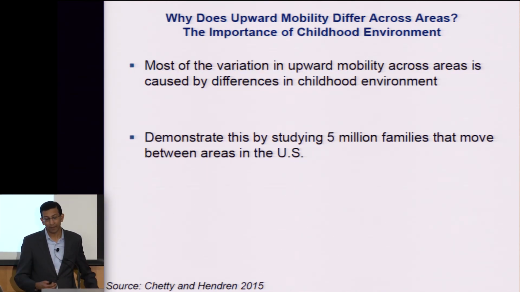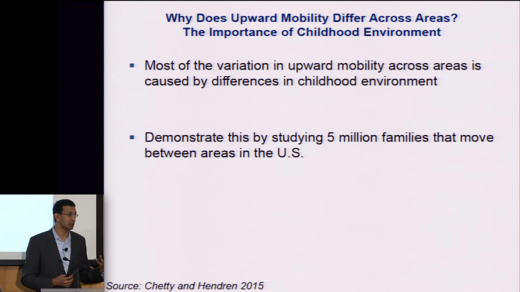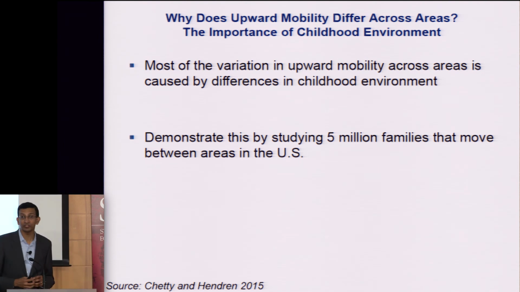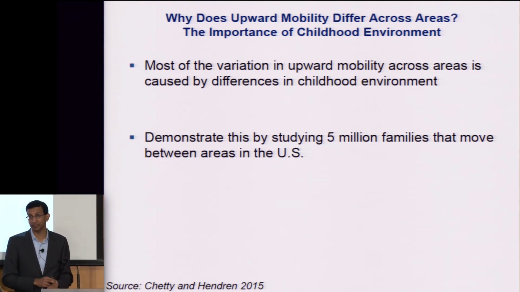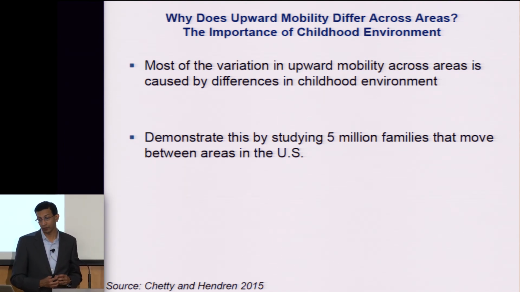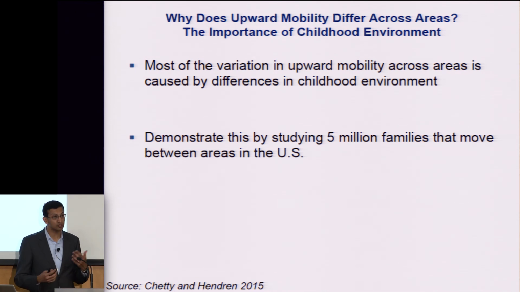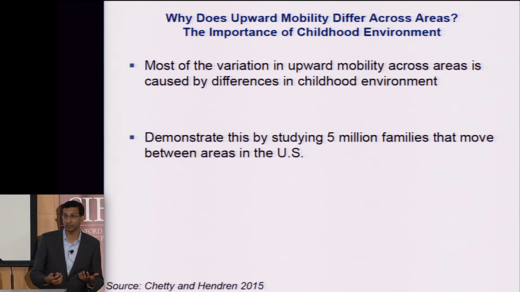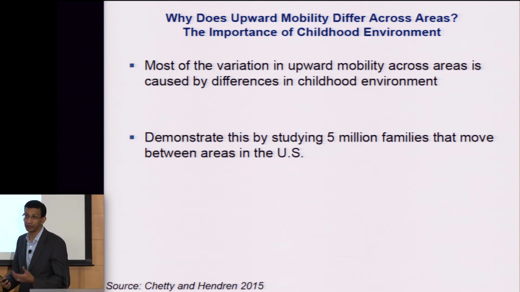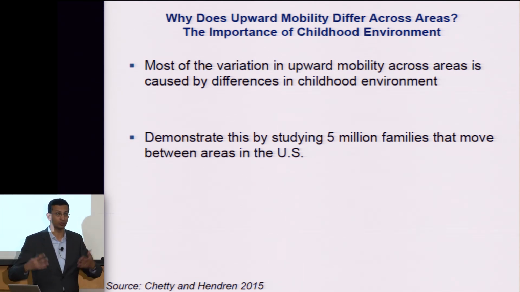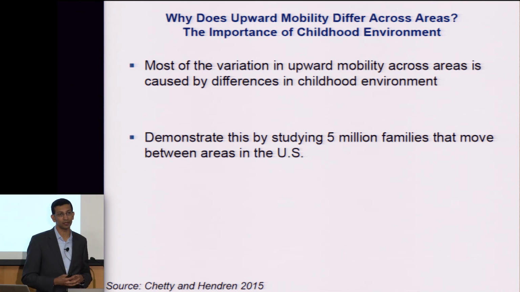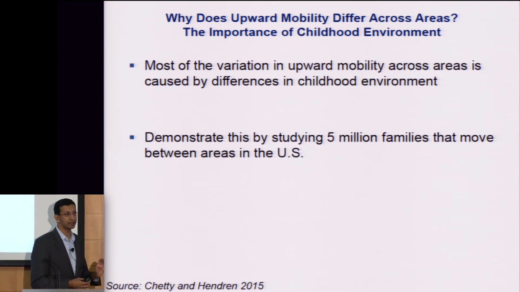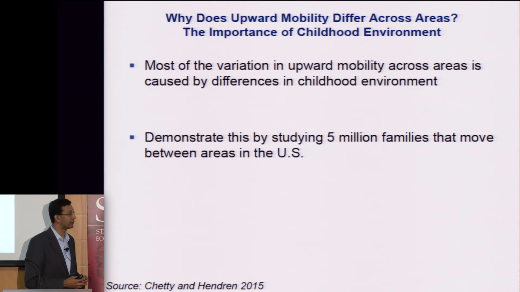So the first step in our analysis to figure out what's going on was to recognize that most of these differences that I'm showing you in these maps across areas appear to be driven by differences in childhood environment. So not so much differences in labor market conditions or the types of jobs that are available or things like that, which are all, of course, also important for economic opportunity. But we think the local area variation is actually predominantly driven by factors that relate to the childhood environment.